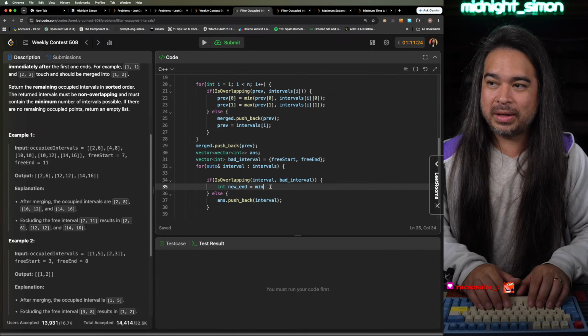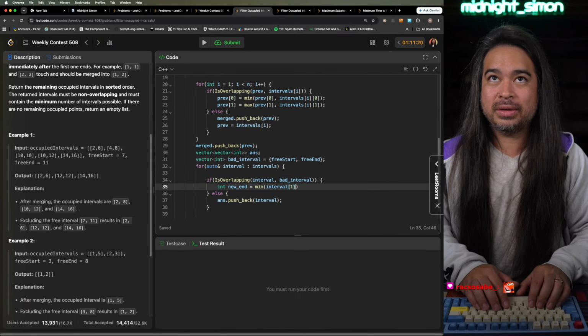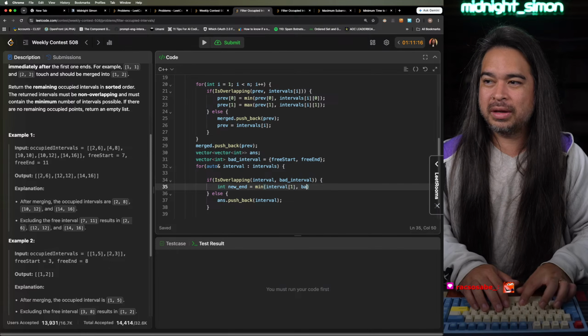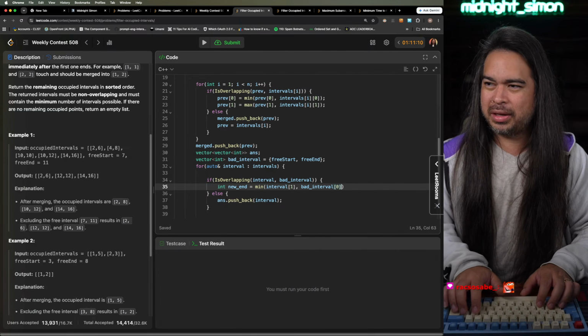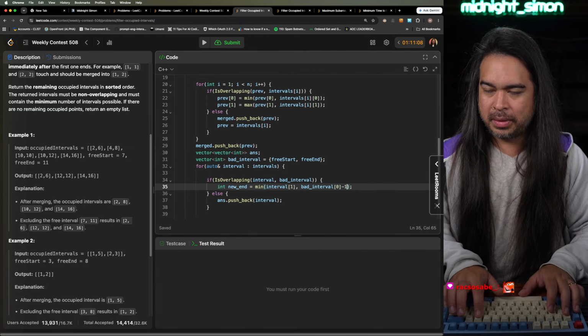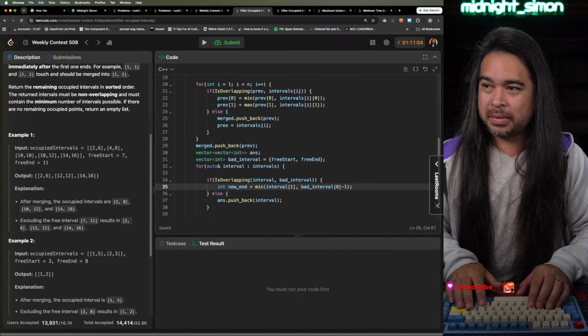So the new end would be the minimum of the end of interval, or I suppose the beginning of the bad interval. The beginning minus 1 maybe, because they can't be touching.